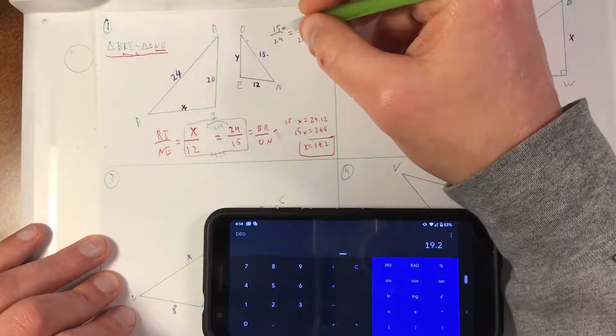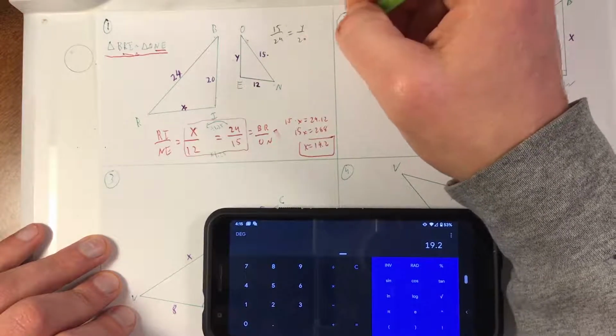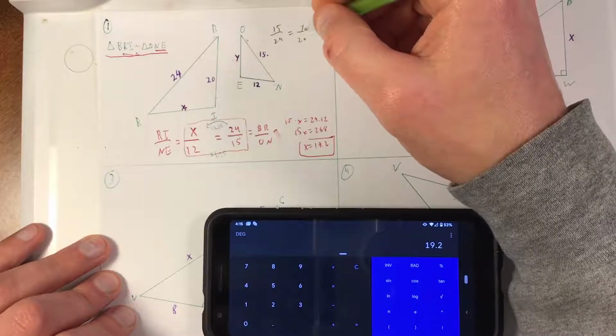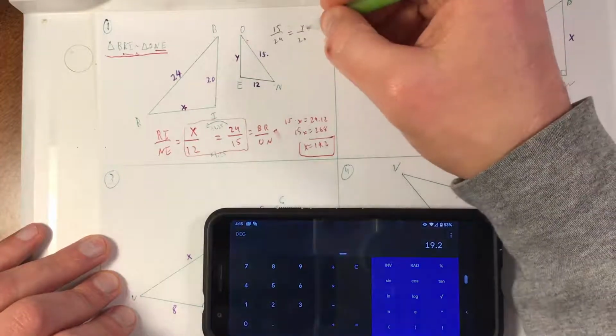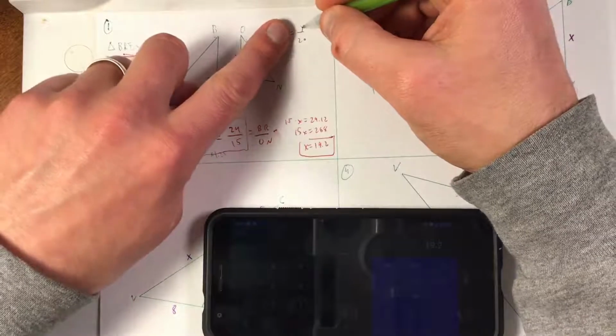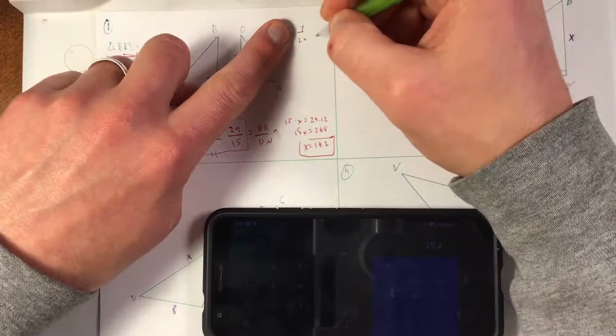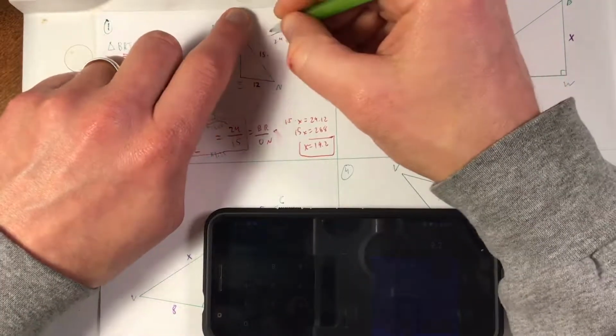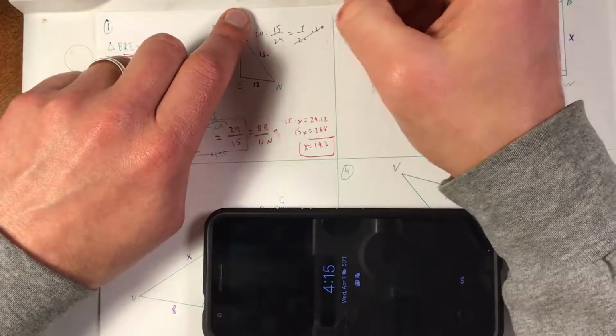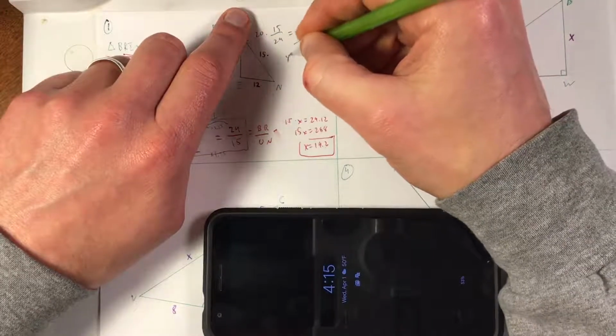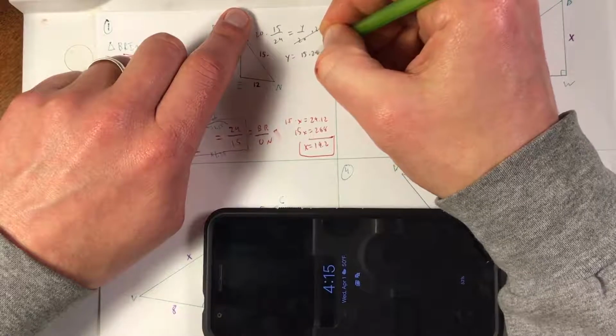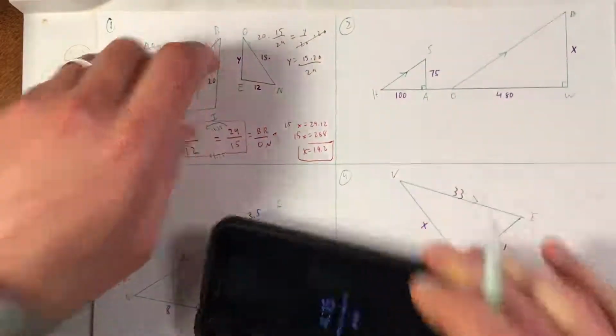Again, I could use scale factor if I want to. Another way I can do this is cross multiplying. Or I can just say, if this were just y divided by 20, what would I do to both sides? I'd multiply by 20, and those would cancel out. So y is equal to 15 times 20, all divided by 24.